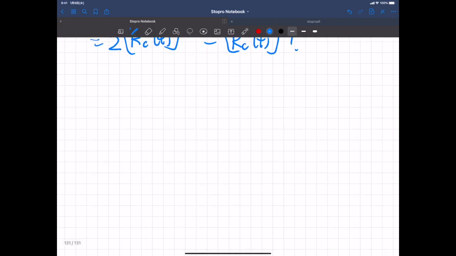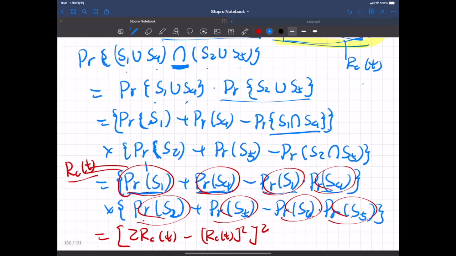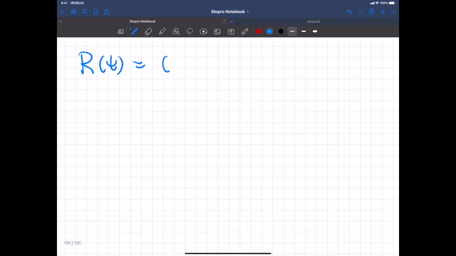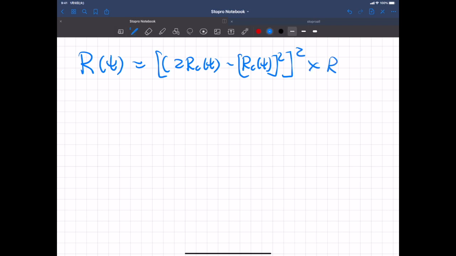And the final result should be, it's a little bit complicated, so it should be, let's see, 2RC minus RC squared, everything squared, times reliability of component 3. So it could be the same as RC, but just leave it this way.